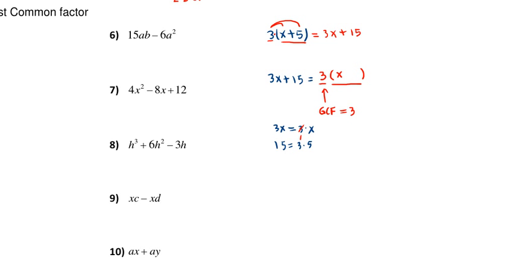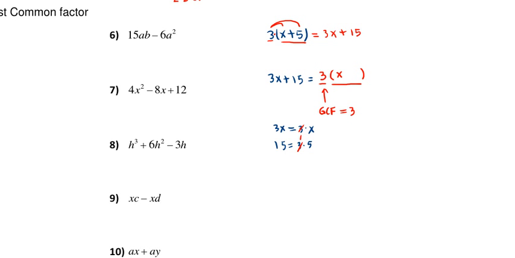And now think about the second one. If I take the 3 from the 15, what am I left with for the second part here? Well, the 15 is 3 times 5. If I take the 3 out, because it's already out here, I'm left with the 5, which is positive.